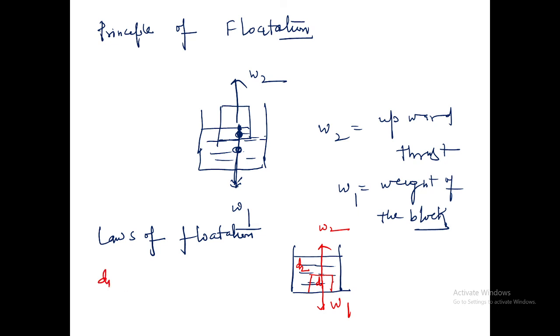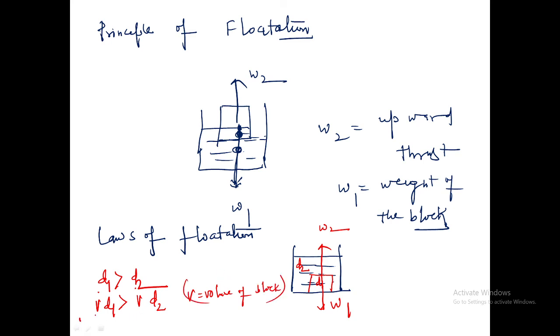If d1 is greater than d2, that is, the density of the object is greater than the density of the fluid in which it is submerged, then V into d1 is greater than V into d2, where V is the volume of the block.